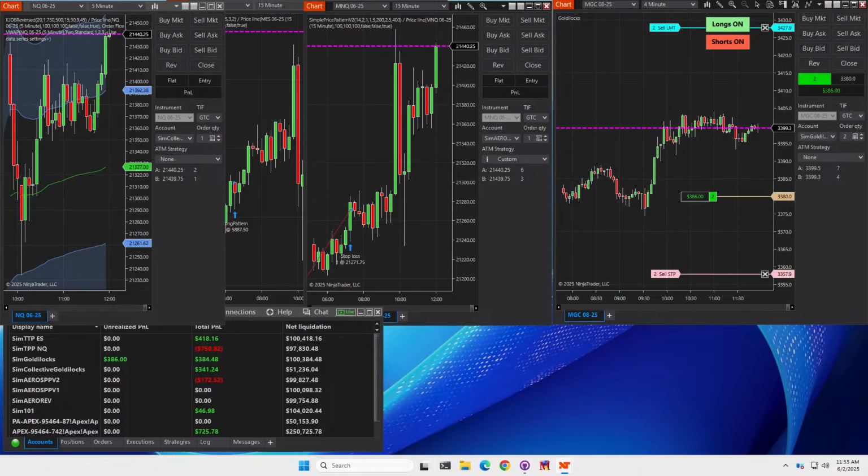That might be fun. Yeah, it looks like NQ's ranging still.